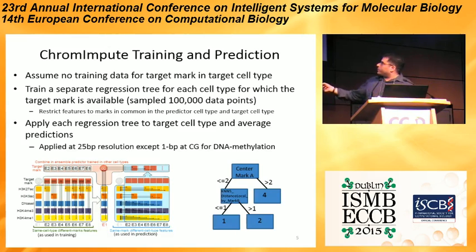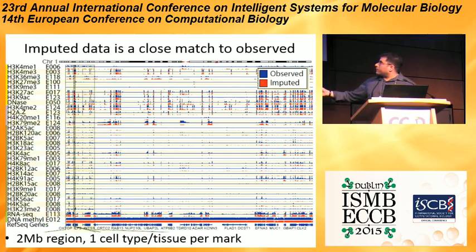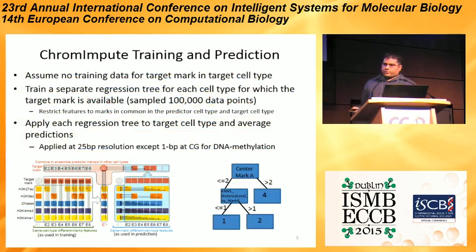We use regression trees as our specific regression function, and then we average their predictions, so we're effectively taking an ensemble of regression trees. We make these predictions at a 25 base pair resolution, except for DNA methylation, which we do at a 1 base pair resolution, but restricted to CG dinucleotides.